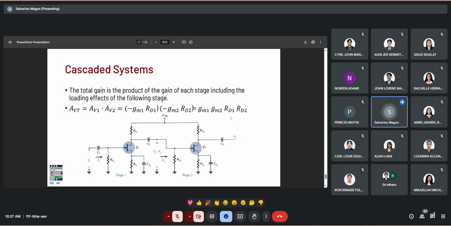So what happened when we performed the cascade configuration? The inverting characteristics of the common source configuration was neutralized, so it became a non-inverting amplifier. So from this configuration, we can gain that insight.